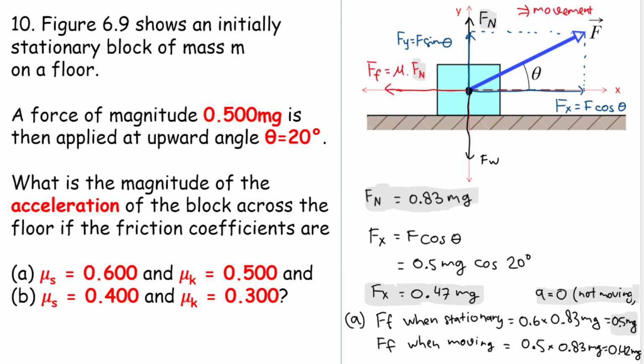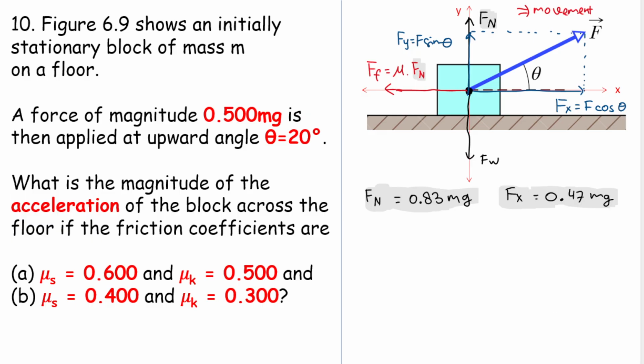Okay, now let's do the same game again for question B. The frictional force when it is not moving will be 0.4 multiplied by 0.83 mg.